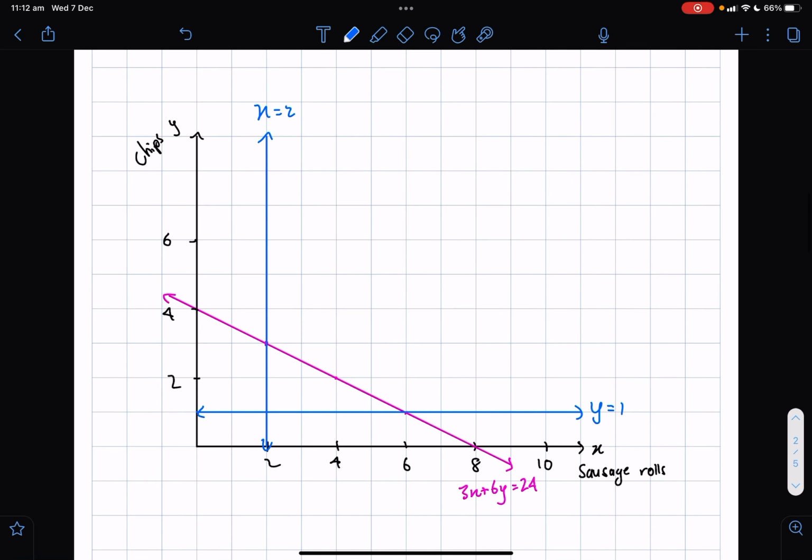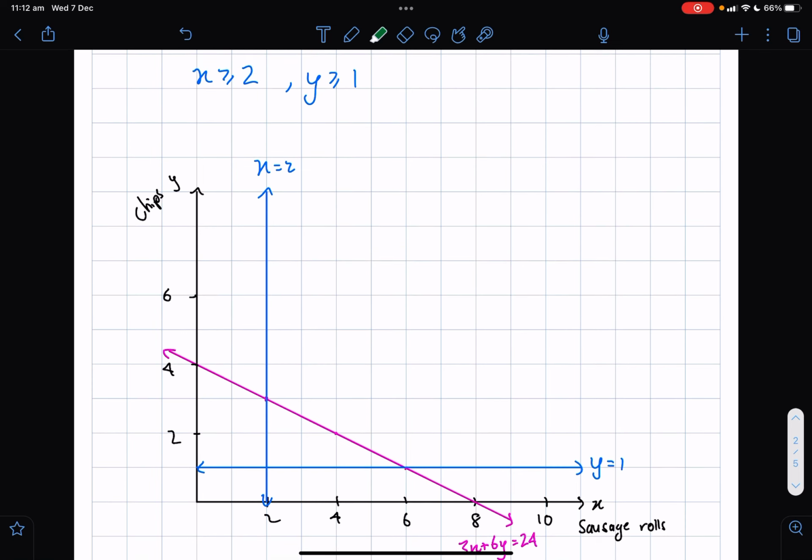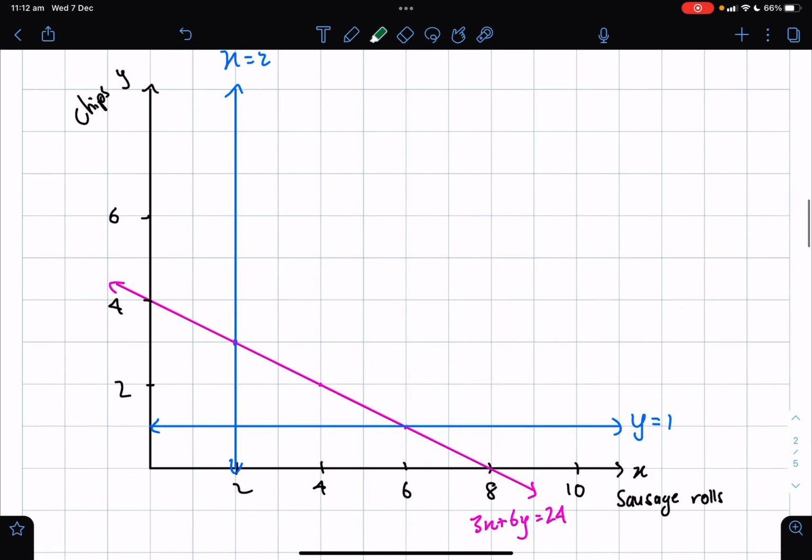Now I've already put my equation 3x plus 6y equals 24 on there. Now we need to look at our shaded region, so our feasible region. So remember, it has to be above x equals 2, above y equals 1, but below 3x plus 6y equals 24. So above y equals 1 would be up there, above x equals 2 would be above there, and below 24 would be there.